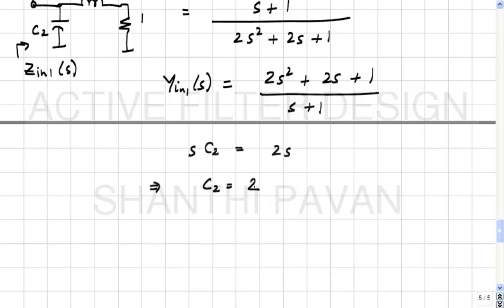So now what should I do? I need to find L3. So I can find the admittance after C2.